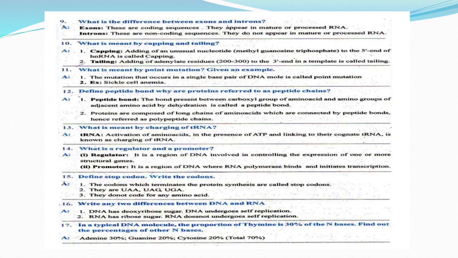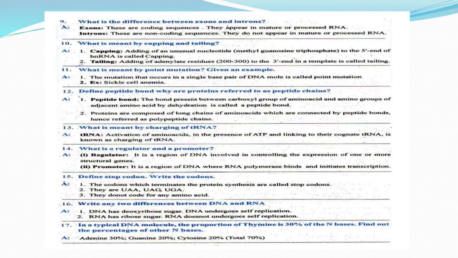So once again, what is meant by capping and tailing? Capping means adding of an unusual nucleotide to the 5' end of HnRNA, and tailing means adding of adenylate residues to the 3' end of the template.